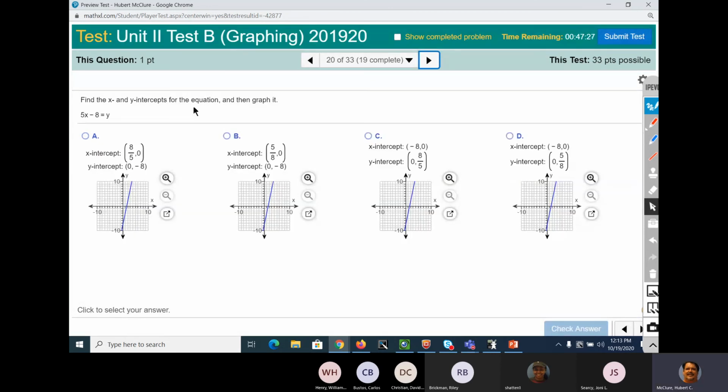Find the x and y intercepts. Method 2. Excuse me. Y is equal to 5x minus 8. X-intercept, 0 for y.